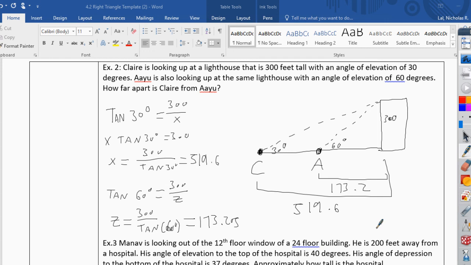So, the last one. This length is 200. What's our angle of depression here? Our angle of depression should be 37, and 40, right? So you have 37 degrees here, and 40 degrees here.